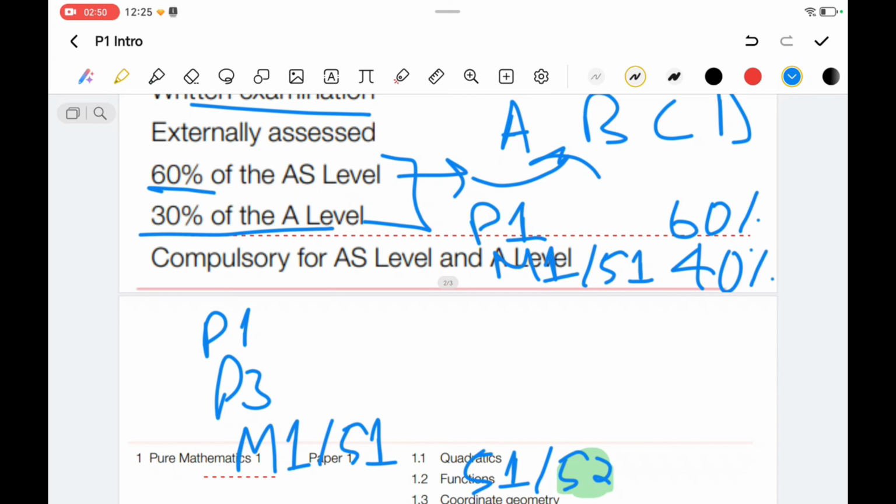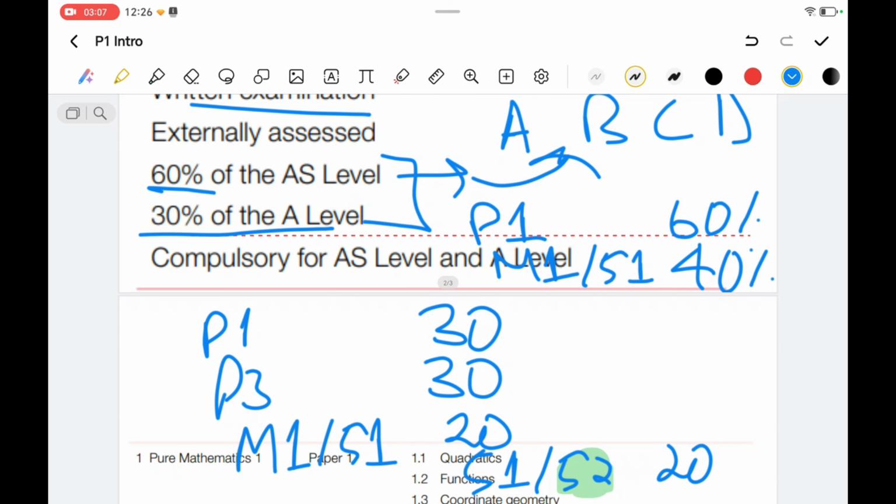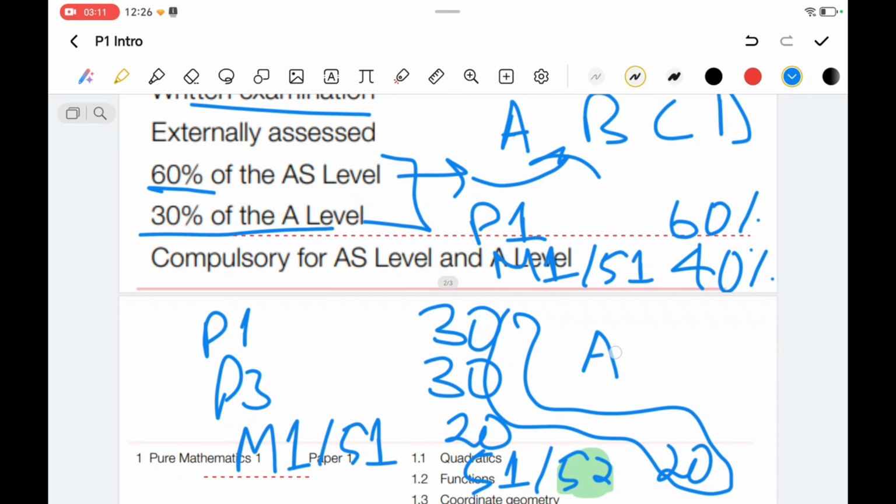Many schools prefer to give the option of M1 as a paper. In A levels the weightage is 30% for both pure mathematics papers, and 20% for each of M1, S1 and S1, S2, whichever combination, which makes a total of 100%, out of which you are graded a maximum of A star or A in your A levels mathematics.